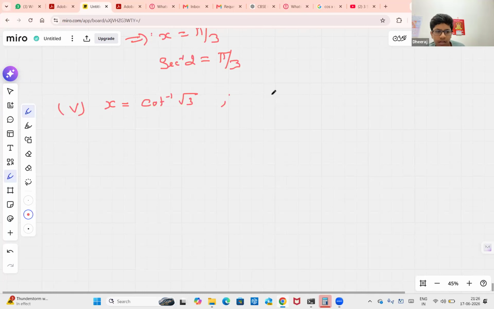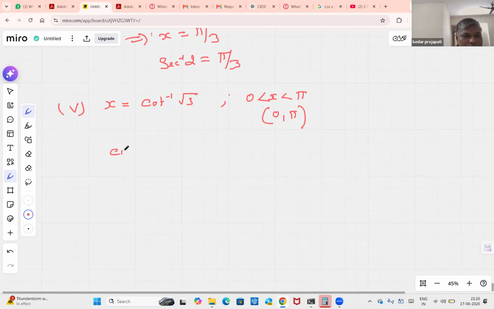Is the range 0 to pi, open interval, excluding pi by 2? Correct. So it is 0 to pi, open. So pi by 2 won't be defined, right, sir, in the range?